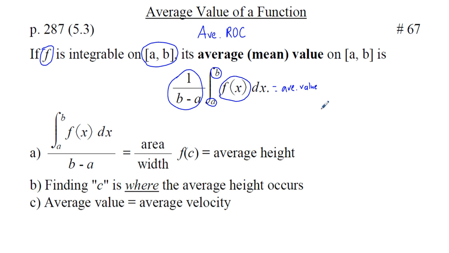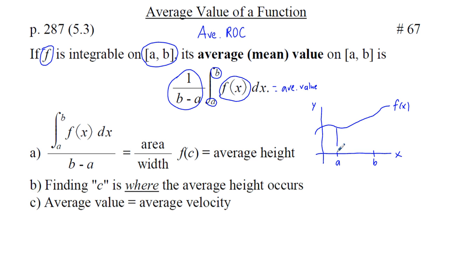So I'm going to make a little diagram to show what's going on here. We have an xy coordinate plane, and we have a function here, f of x, and we have a value a and a value b along the x-axis, input values.